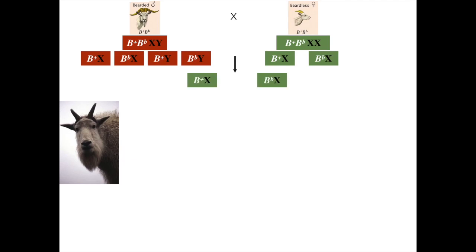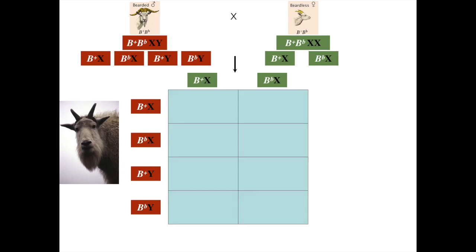If we do a Punnett square of these, we see that we can get these different genotypes. The female is beardless, but if she's heterozygous for the bearded allele, she'll still be beardless. So this is the influence of sex.